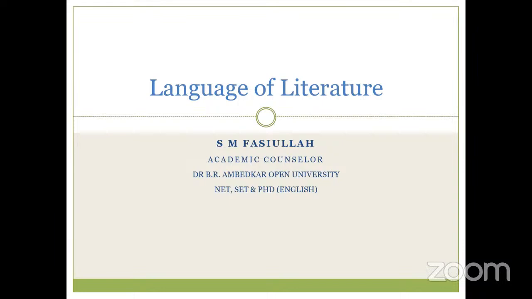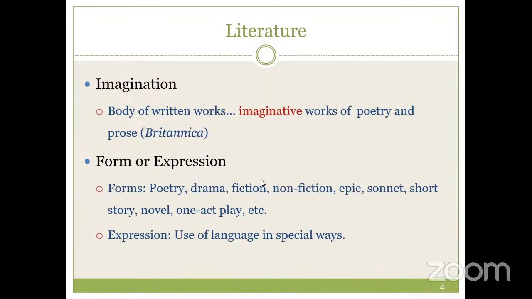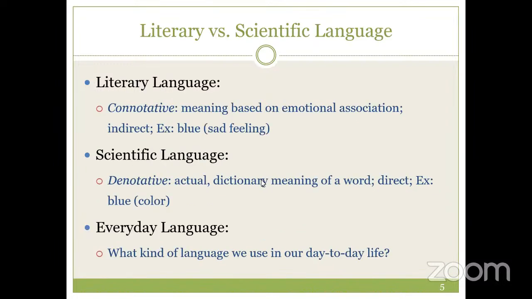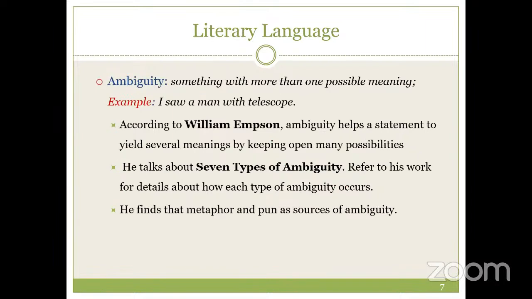constituting or producing literature. If you recall, we talked about the distinction between normal language and scientific language or literary language, and quite a few things about figures of speech, one important aspect that makes the language of literature different from ordinary language.